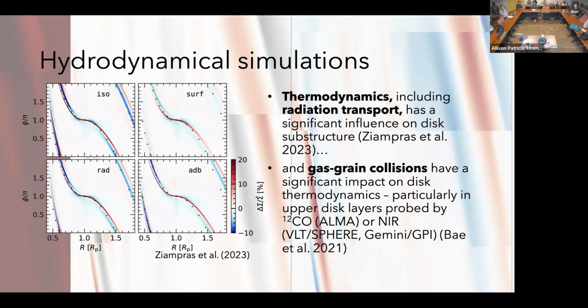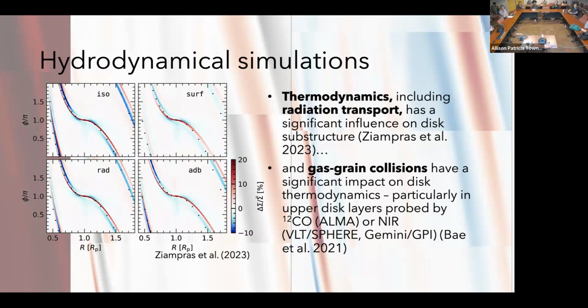And if you look at the paper, it also affects the final gap shape, which results in multiple gaps, which connect to some of the DSHARP observations. And if you look at work, for instance, by Jahan et al., where they parameterize the impact of gas-grain collisions, they find that these are actually the critical regulating factor for thermal relaxation in the upper atmosphere, which is where your 12CO and to a lesser extent 13CO are observed.